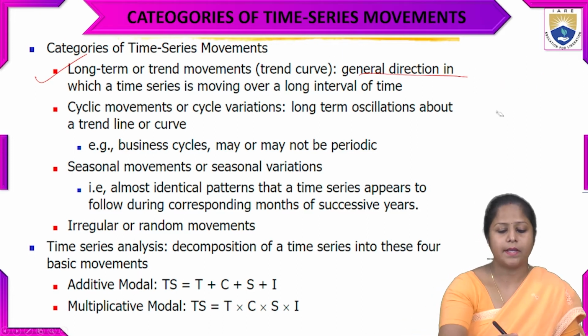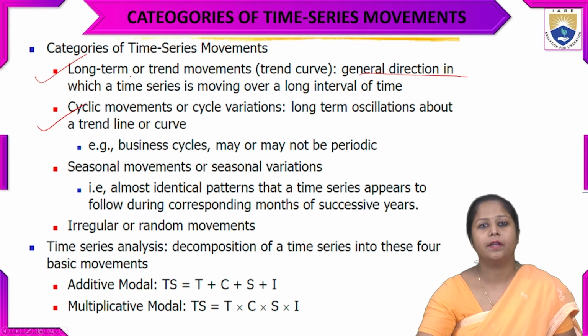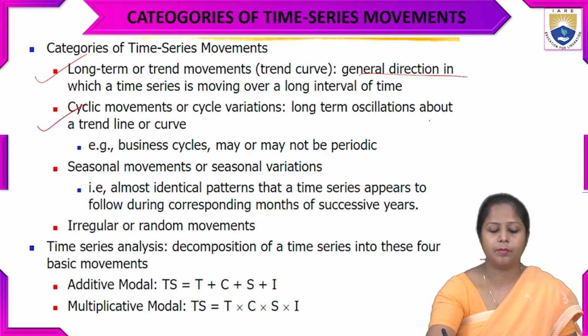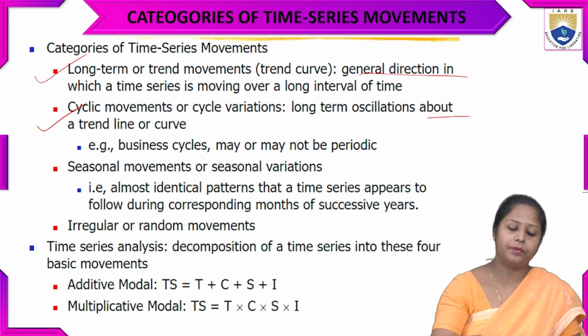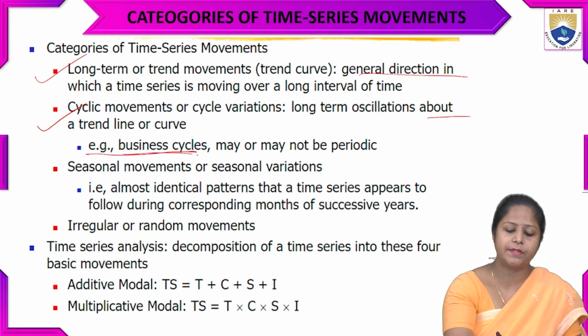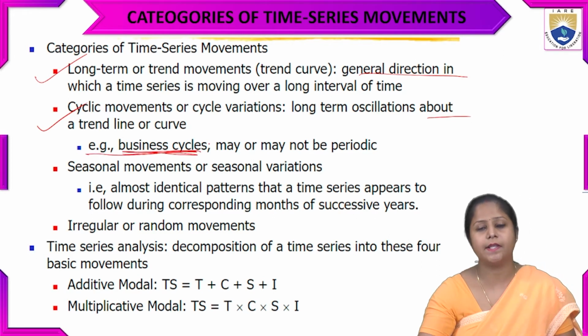The second category is cyclic movements, or cyclic variations. Long-term oscillations about the trend line occur. For example, if we have business data, business cycles may or may not be periodic.